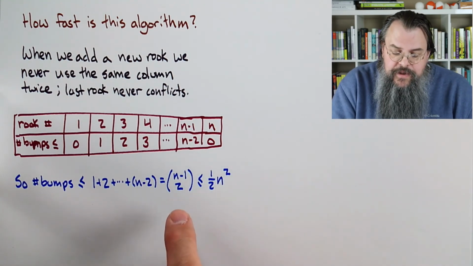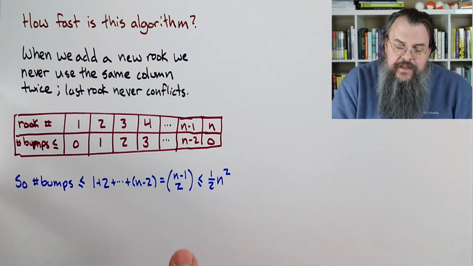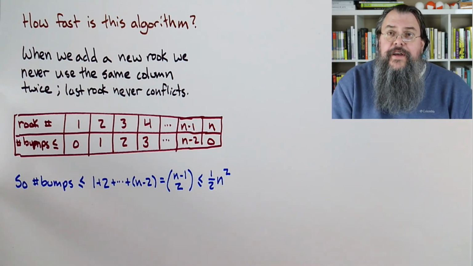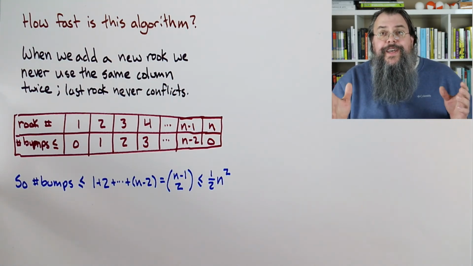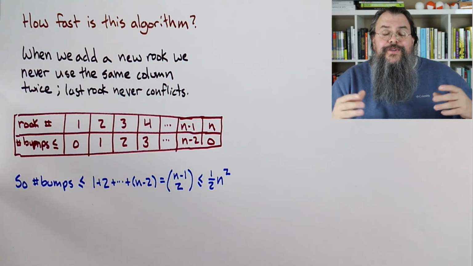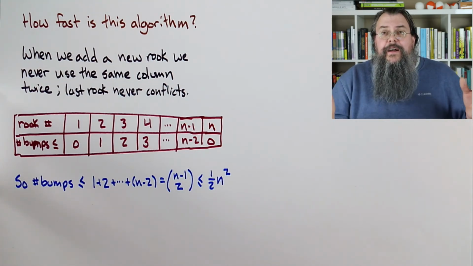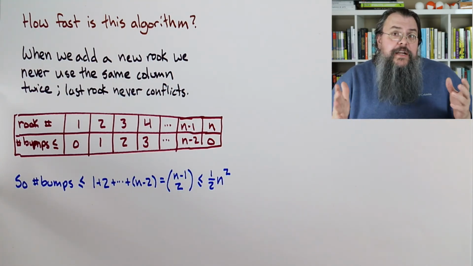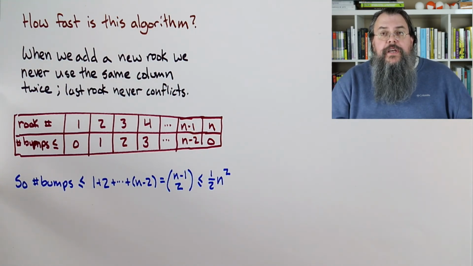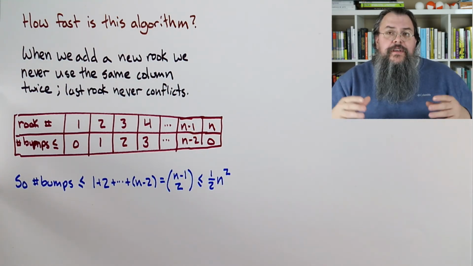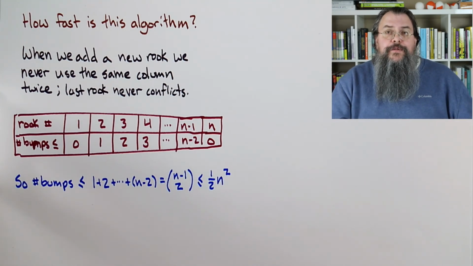So we get n-1 choose 2, and that is less than half n squared, just throwing out lower order terms. So like n squared over 2, for algorithms like this, that's actually pretty reasonable. You can get through conflicts fairly quickly. n equals 1,000? Yeah, sure, you can do that. No problem.